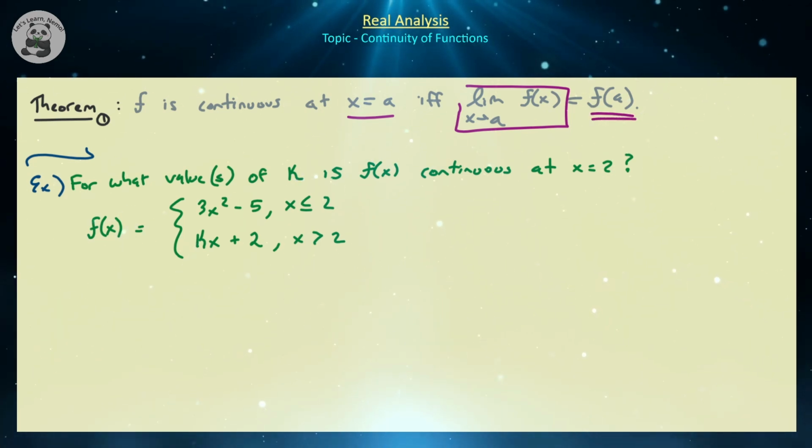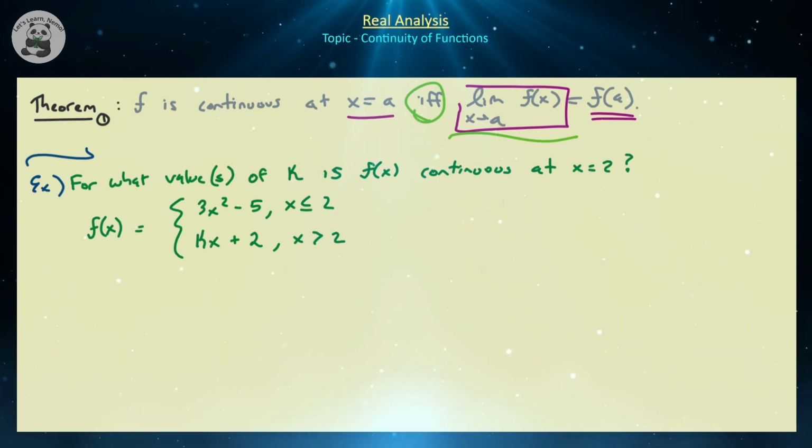Since we're working with an if and only if statement, some people will even take this as the definition of continuity in single variable calculus, although it is not as rigid because it's not very easy to see that the limit and the continuity are very closely related. But at least from the epsilon delta definitions, we clearly see that. The proof of this theorem follows practically from the definition.